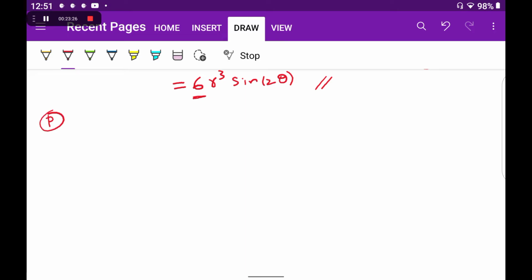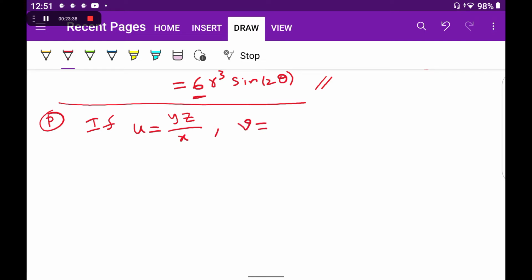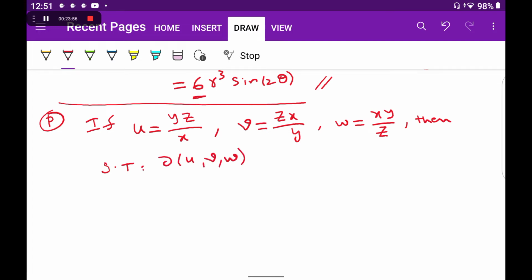Coming to a different problem. If u equal to yz by x, v equal to zx by y, w equal to xy by z, then show that dou uvw by dou xyz equal to 4.